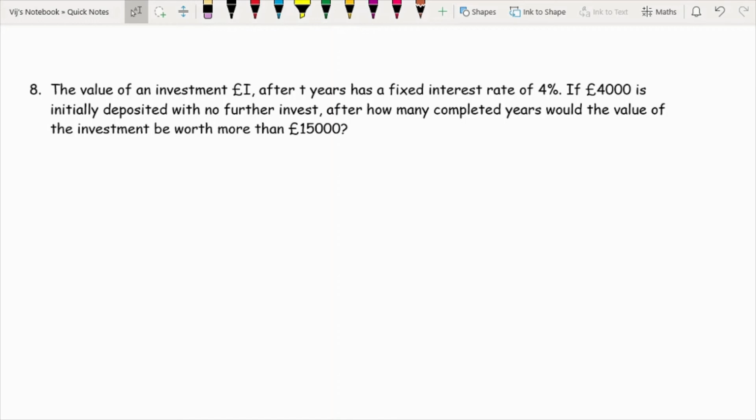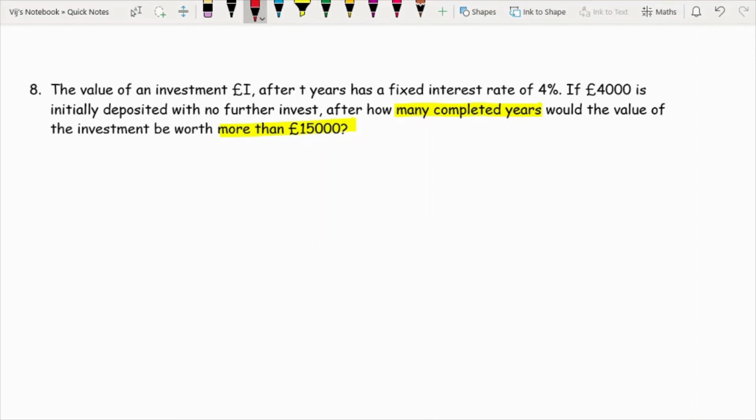It says the value of an investment after 2 years has a fixed interest rate of 4%. If £4,000 is initially deposited with no further investment, after how many completed years would the value of the investment be worth more than £15,000? It's worth noting that it asks how many completed years, and we want a value of more than 15,000.